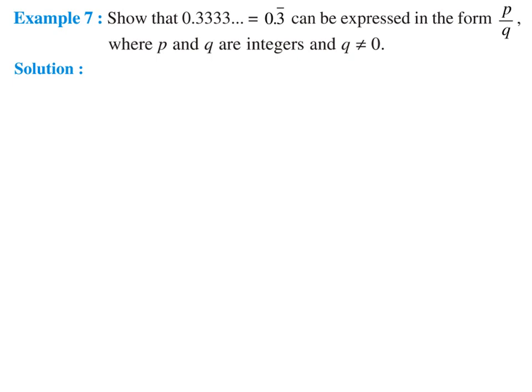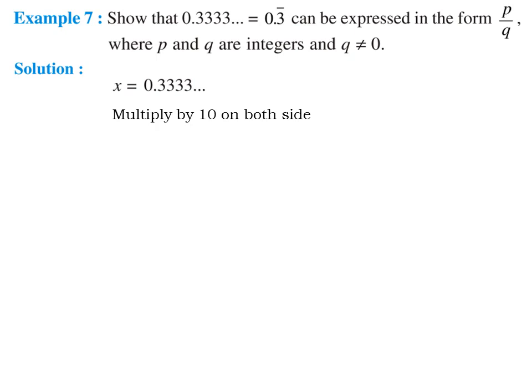So what do we have to do? Let us assume x equals my number, 0.3333 up to infinite times. Now one step I am doing, it is a logical step: multiply by 10 on both sides. Why do I multiply by 10 on both sides? In this case you have to remember how many digits are repeated in the question.